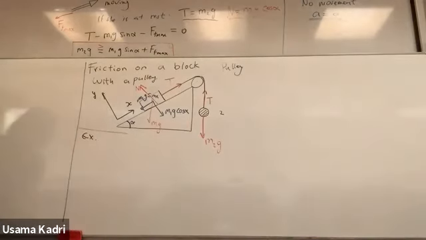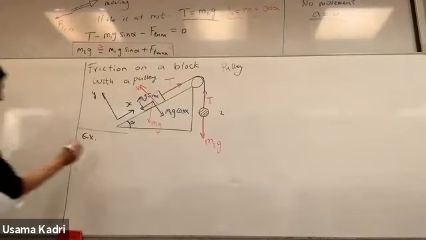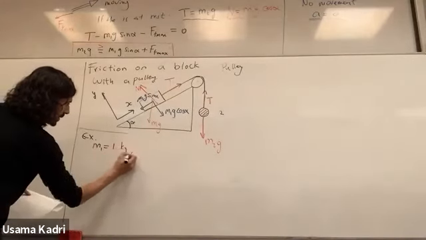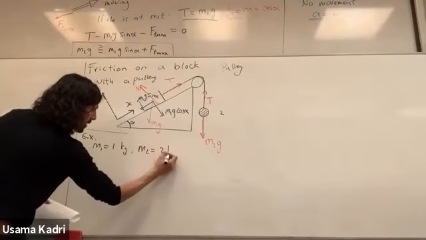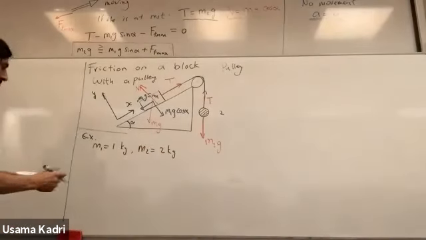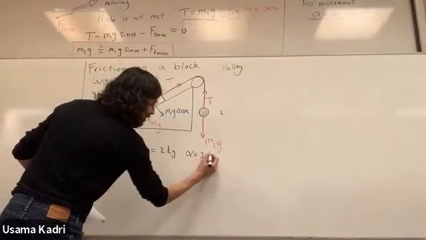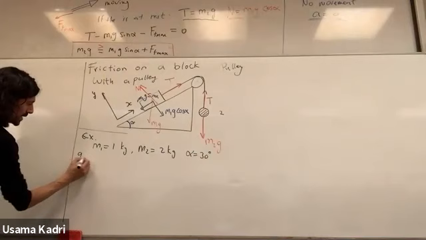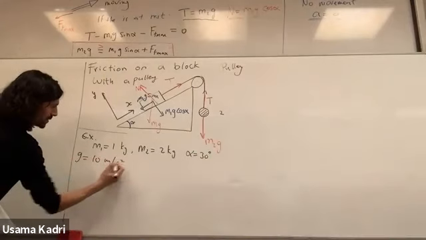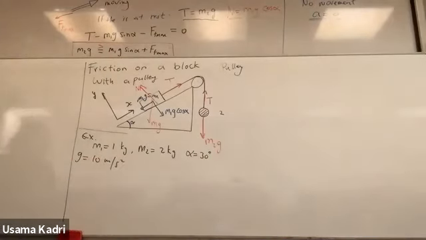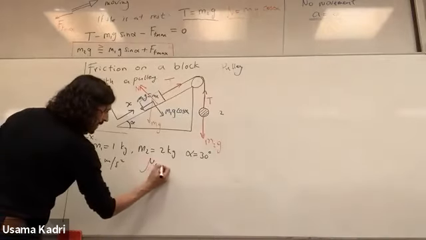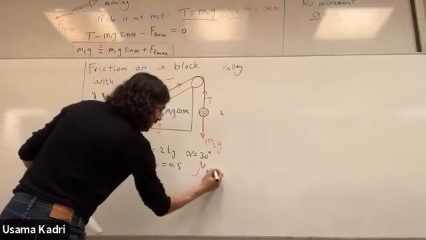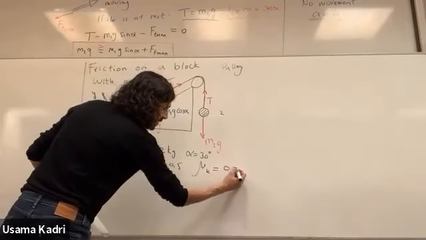So for example, if we take M1 equals 1 kilogram, M2 equals 2 kilograms, and alpha is 30 degrees. And for simplicity, you can take G as 10 meters per second squared. Mu S is 0.5, and mu K is 0.7.